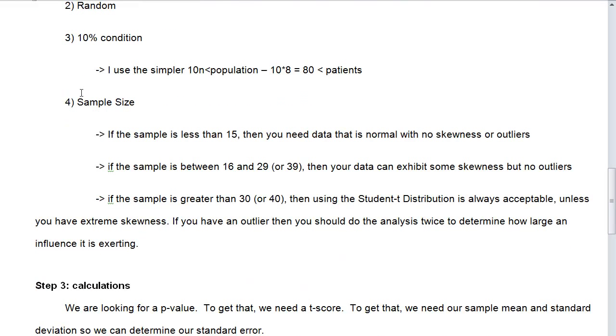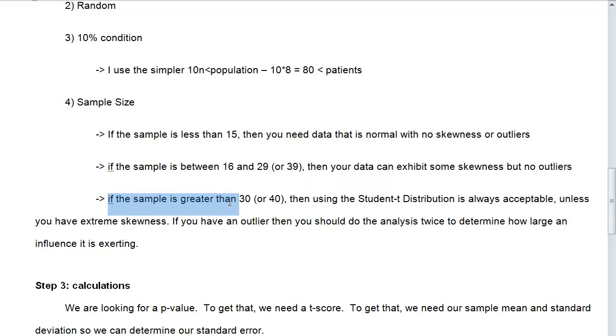And so the last thing we have is the sample size condition. But instead of a success-failure condition, what we're going to have is an if-then statement. If the sample is less than 15, this is the requirement. If the sample is between 16 and 29, or 39, depending on your professor, book, inclination, then you're going to need to look for something else.